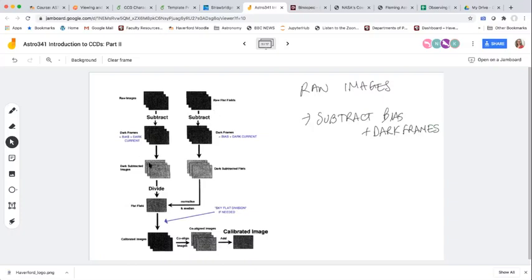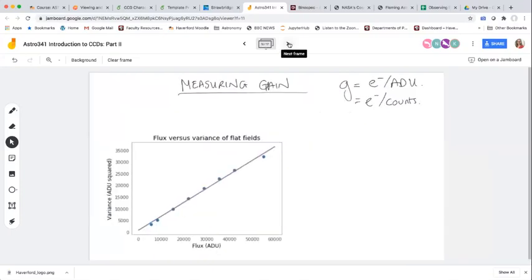Then you have your dark-subtracted images and dark-subtracted flats. You average your flats together to make the best flat field measurement that you have. Then you divide your science image by the flats to get your calibrated images. Only at this point would you do the alignment, because all of this has to do with the pixels, and so we do it in pixel space before we then want to align things into sky space.